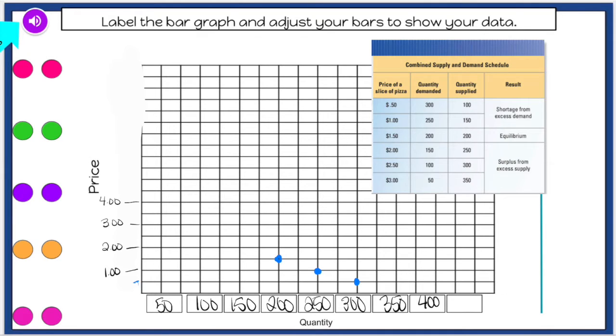At $2, people want 100, so $2 would be here, and then at $3, only 50 people are willing to pay $3. So if I connect those dots, that's my demand.